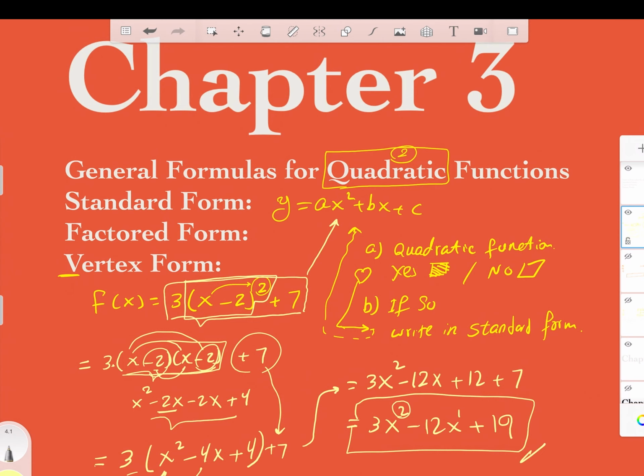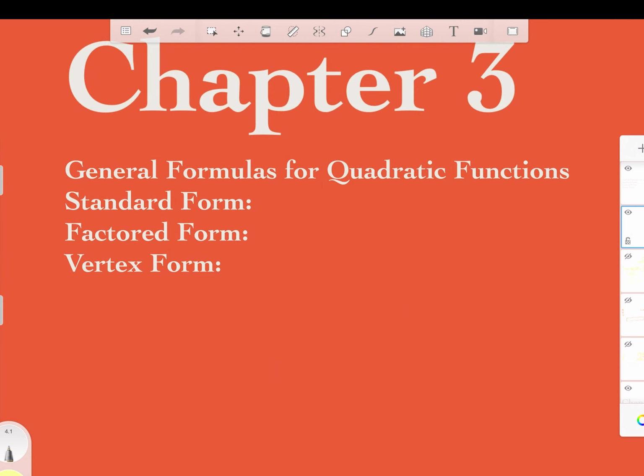Let's have another question. K of x equals 13 squared plus 13 to the power of x. Is this a quadratic function? Is that yes or no? If it's yes, make it into vertex form.